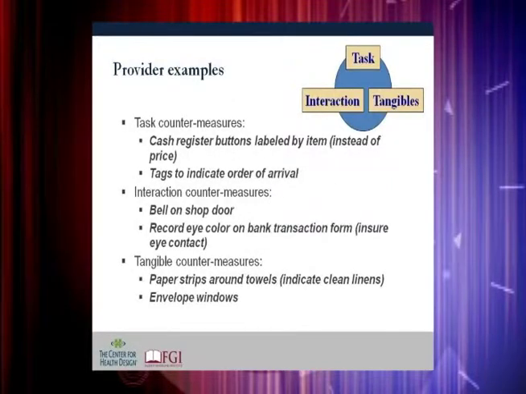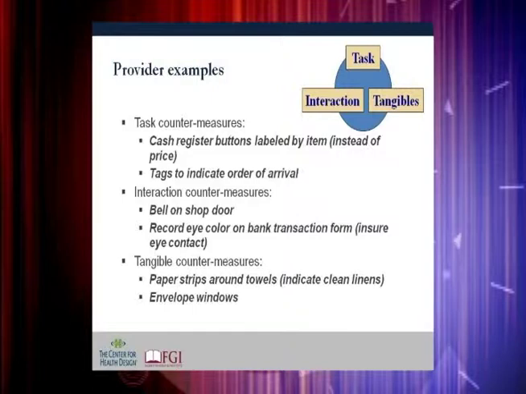And there are all kinds of examples of that from other areas of service industries. So, cash registers that have the button labeled with the item instead of just numbers. You see that at McDonald's. I'm not sure if that's a good thing or not. Tags to indicate order of arrival. I think we saw a joke about that earlier in the session.